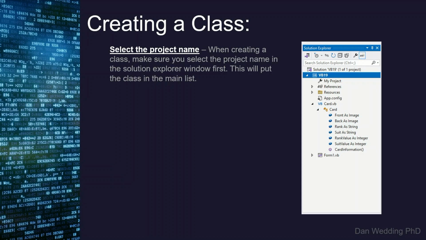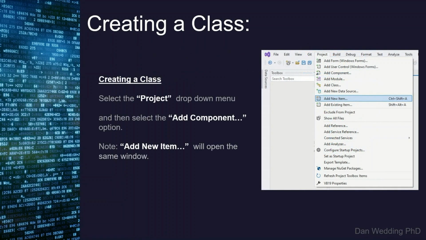When creating a class, make sure you select the project name in the Solution Explorer window first. This will put the class in the main list. Select the Project drop-down menu, and then select the Add Component option.